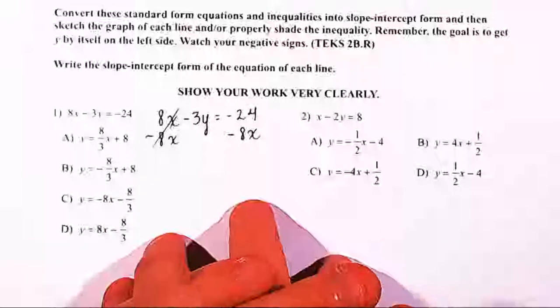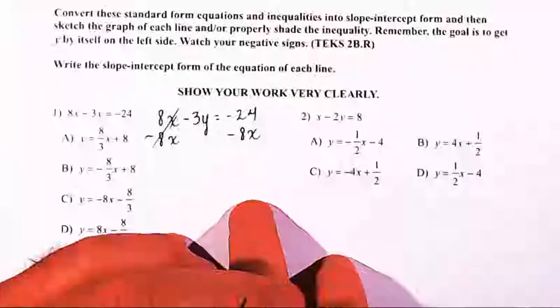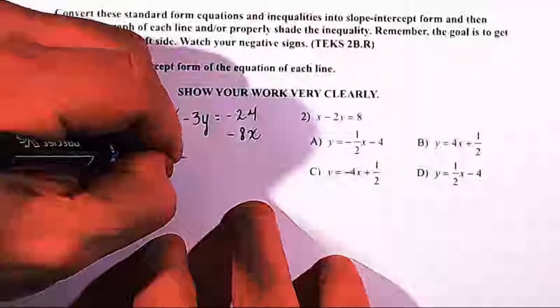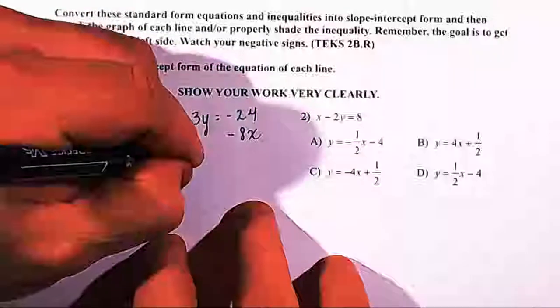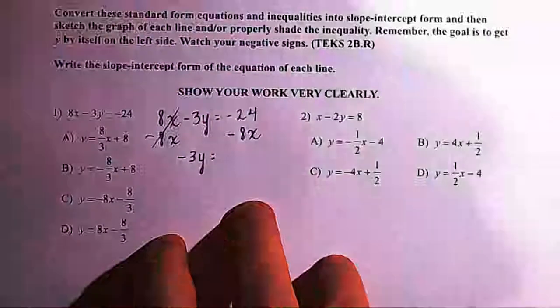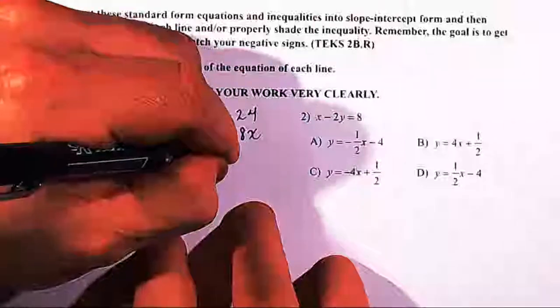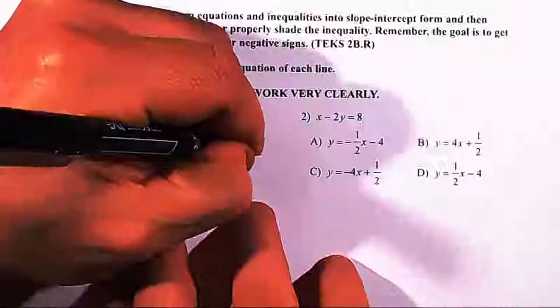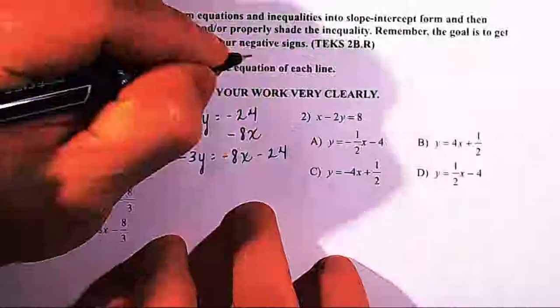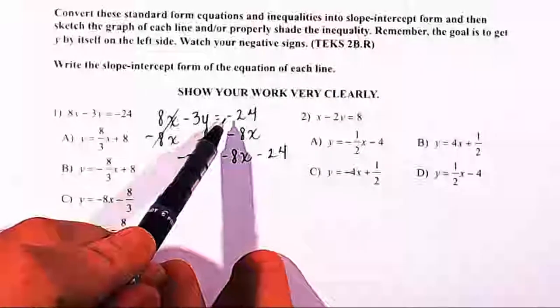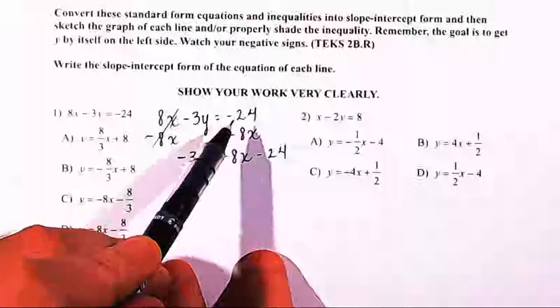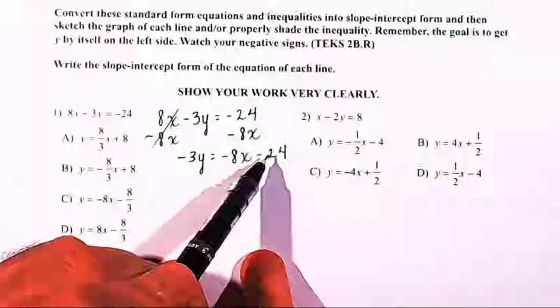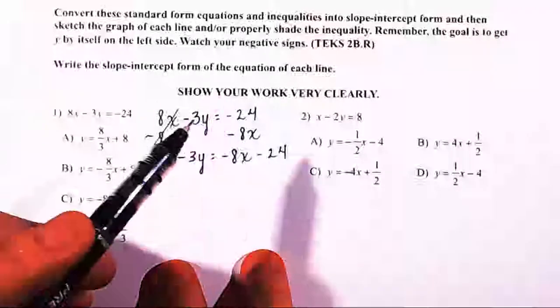Now on the left side, the 8x's cancel. And we're going to rewrite what we have now. Negative 3y equals negative 8x minus 24. Be very careful to keep that minus sign with the term 24.